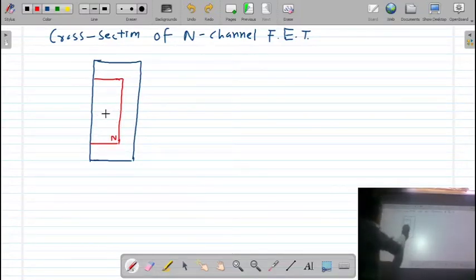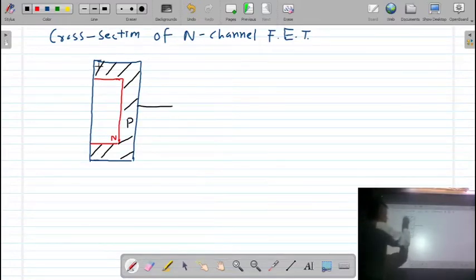This N channel semiconductor material is diffused into P type. This is called the P type base or bulk or substrate.